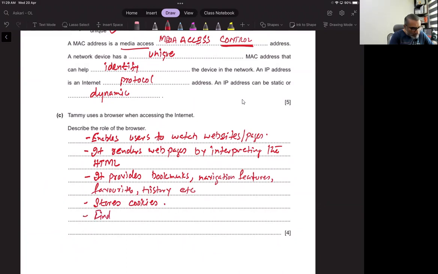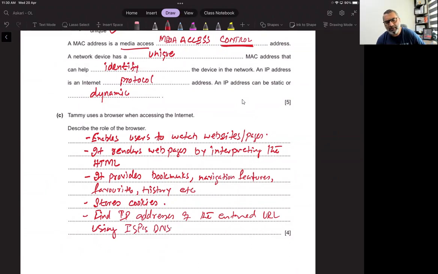Finds IP addresses of the entered URL using the ISP's DNS. So these are a few features of the browser that you have to remember.